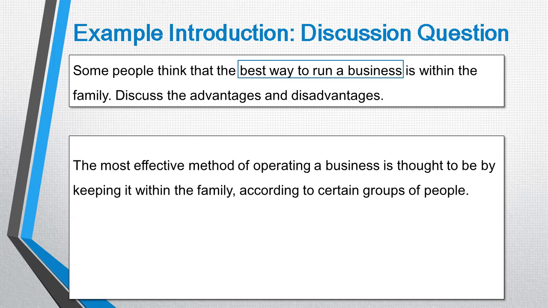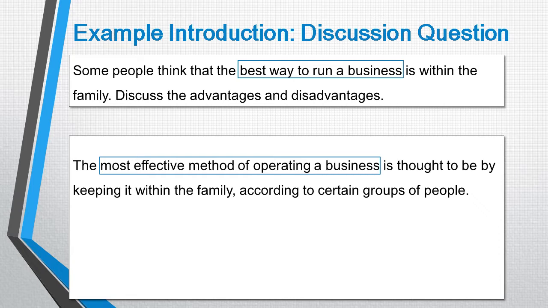Now, the first thing I've done is change best way to run a business. I've paraphrased that to the most effective method of operating a business. Next, I've changed the words some people to certain groups of people.